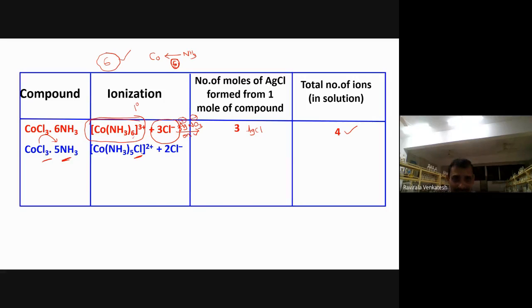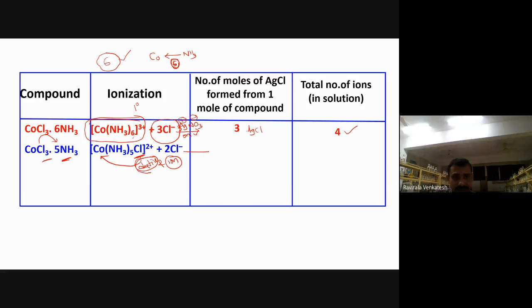Now here, this Cl will definitely form a covalent dative bond. This will form a dative bond and also an ionic bond. Because it's an ionic compound, it will form one dative bond as well as one ionic bond. Now how many chlorides are outside?